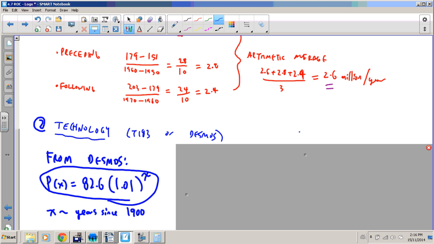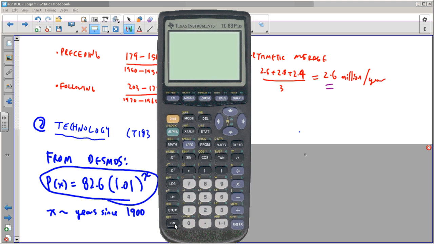TI-83, I kind of like the TI-83 for this because it's got more tricks that I'm familiar with. I'm sure Desmos has tons of tricks, but what I did here, and I did this already, so I put all my data in. Notice I did something a little bit different, just to show you that it still works no matter how you define it. I didn't put in 0, 10, 20, 30, 40.